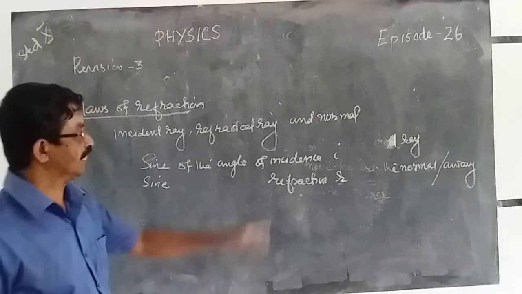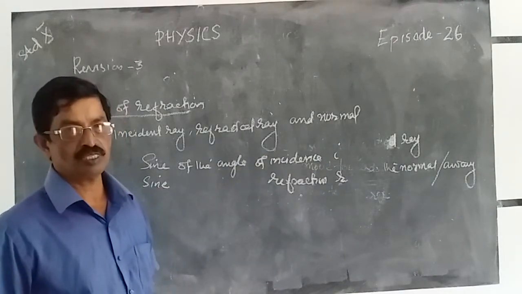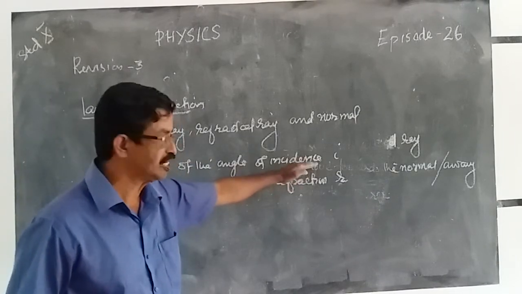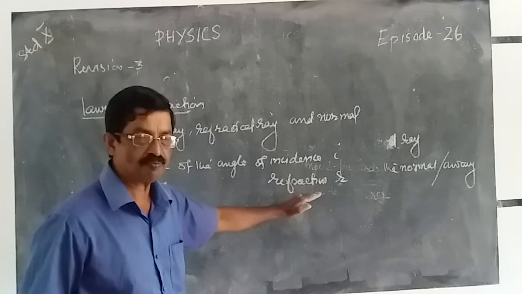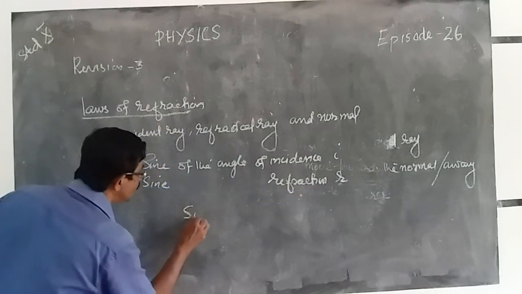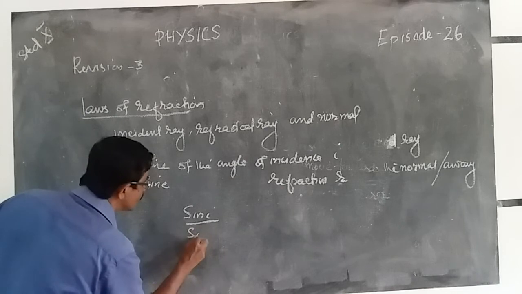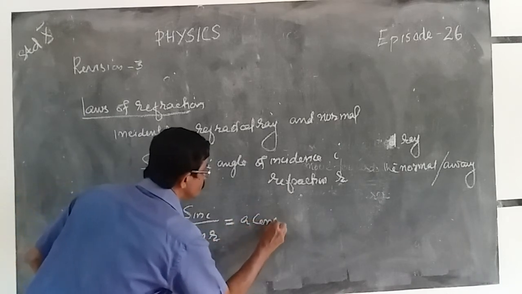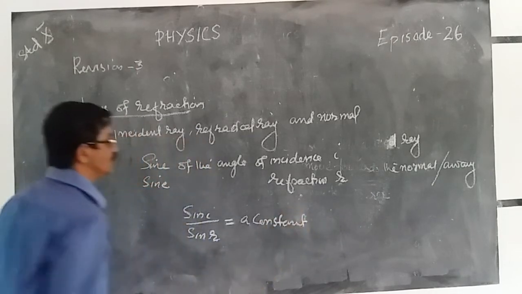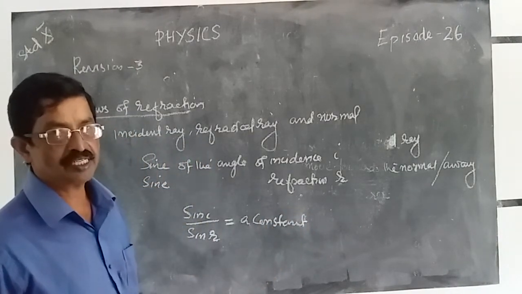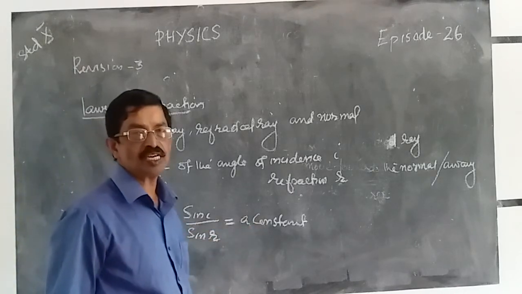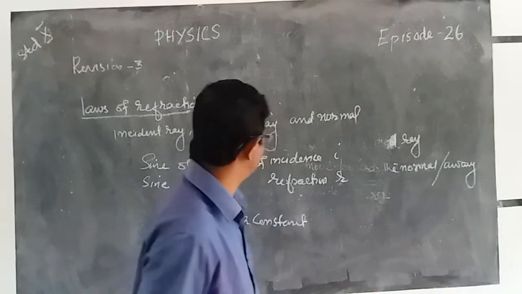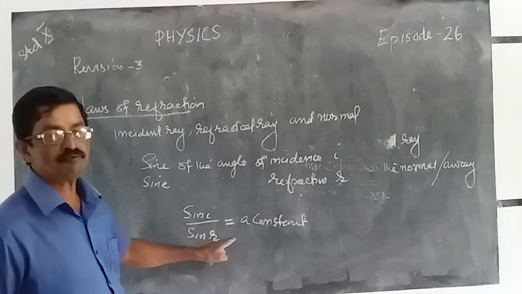If we take the ratio of these two, that is sine i by sine r, it is equal to a constant. And this constant is called the refractive index of the second medium with respect to the first medium.